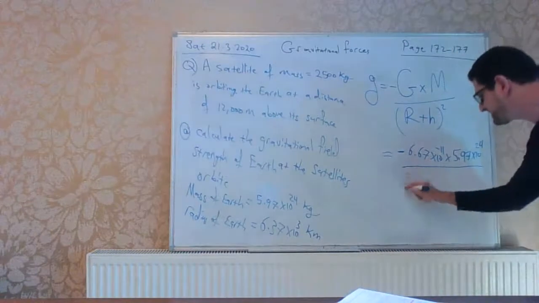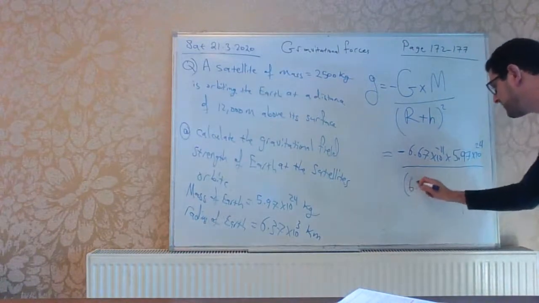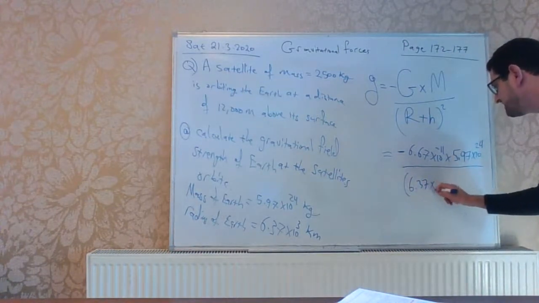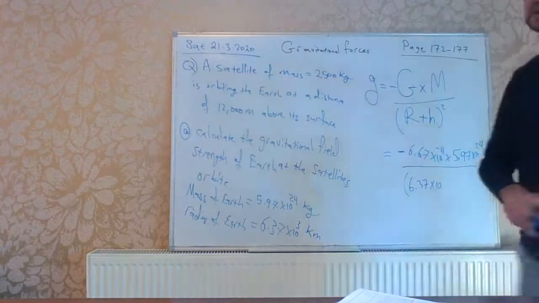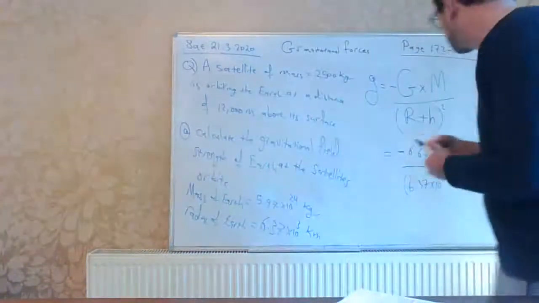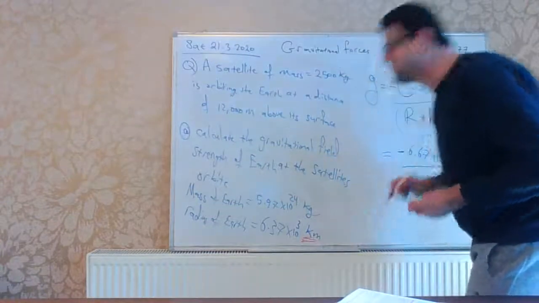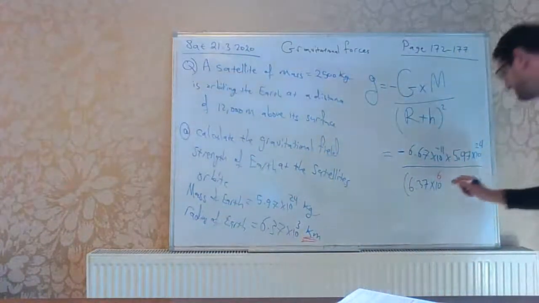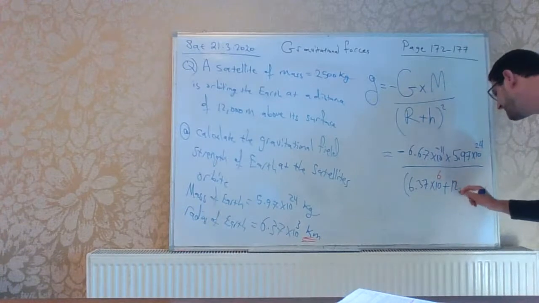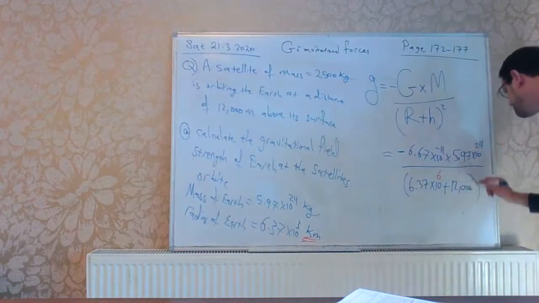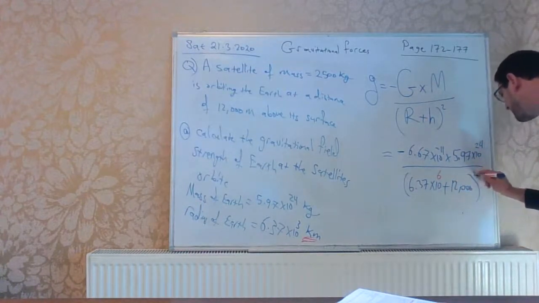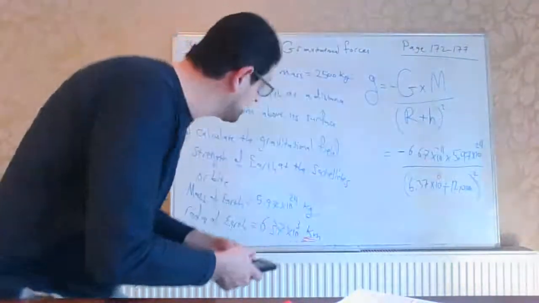It's above the surface. أيوة 6.37 times 10 to the power, watch out that this is 10 to the power of 6. You have to change it from kilometers to meters. Plus 12 thousand. And so many students forget the square. Don't forget the square.